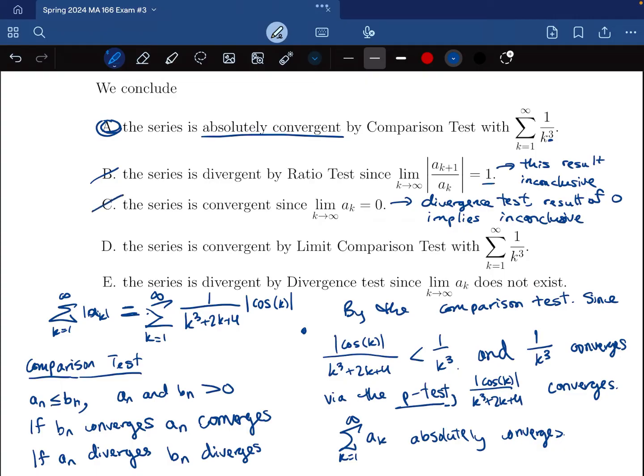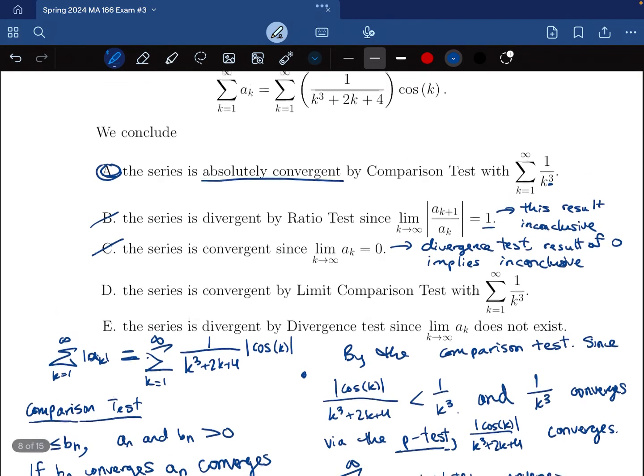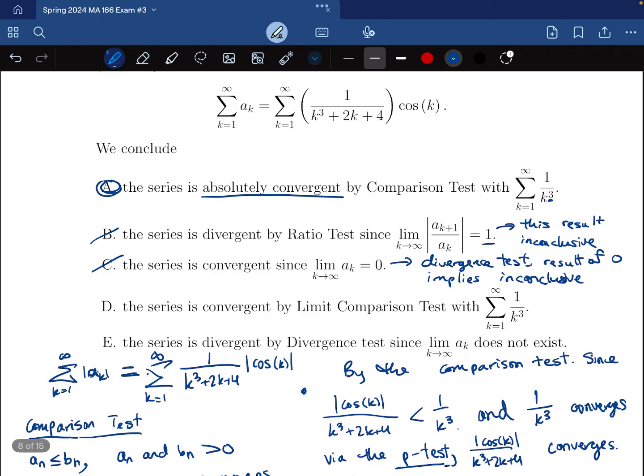So B is wrong, C is wrong. D says the series is convergent by limit comparison test with 1 over k cubed. Let's go back and look at our series. As I mentioned, for the normal comparison test, both of the series that we use when comparing have to be greater than 0.